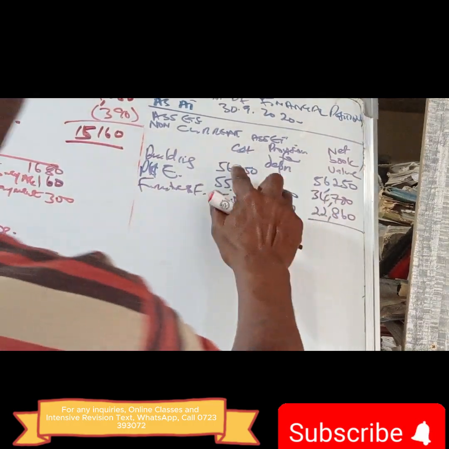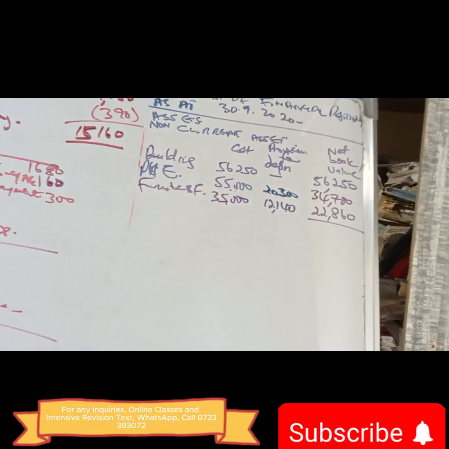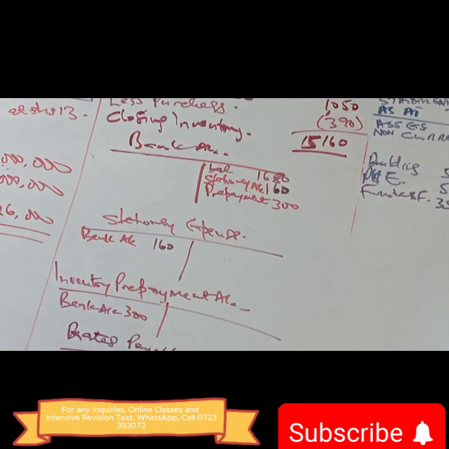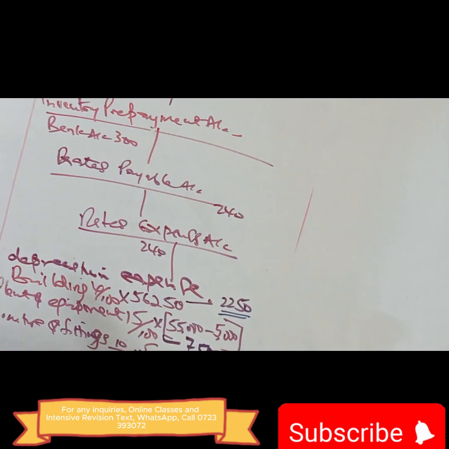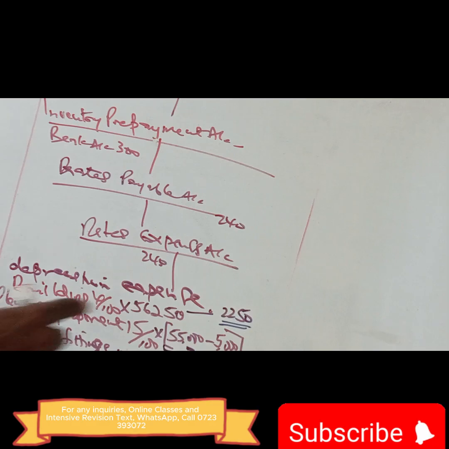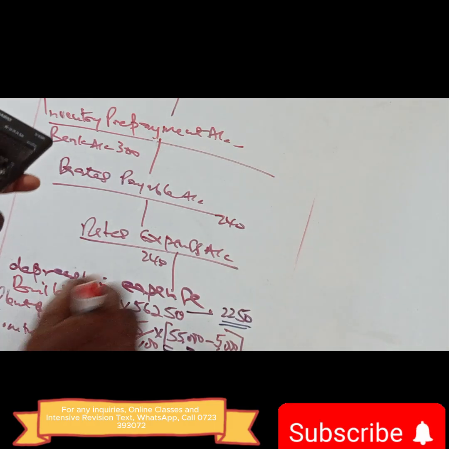Something is amiss here. Building has accumulated depreciation, because you are saying that building has an accumulated depreciation of 2250. At the beginning of the year, from the trial balance, it had 18,000, plus the charge for the year 2250.